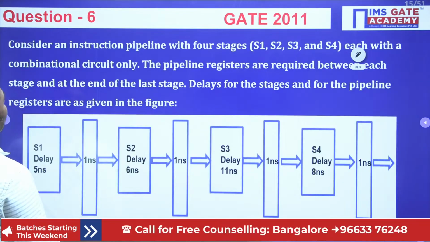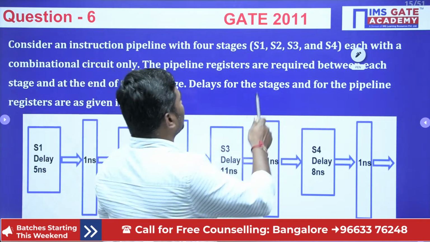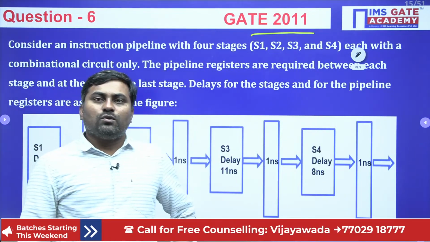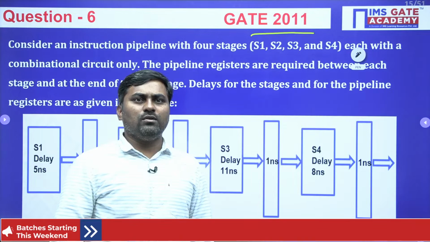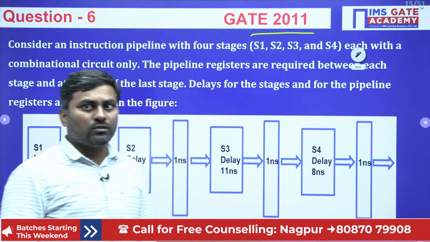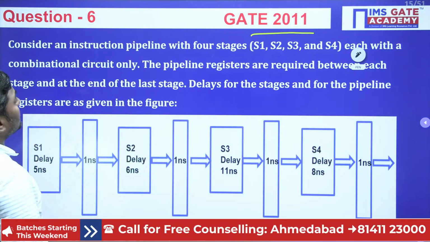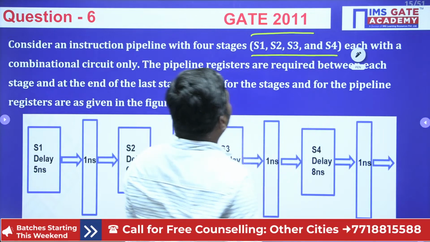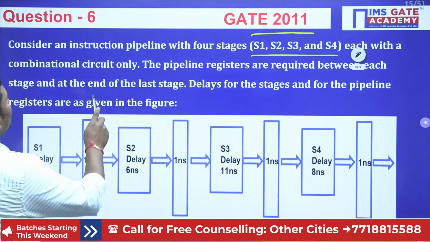Let's look into another question, asked in GATE 2011 for 2 marks. This is question number 6, from the 2011 paper. Consider an instruction pipeline with 4 stages S1, S2, S3, S4, each with a combinational circuit only.